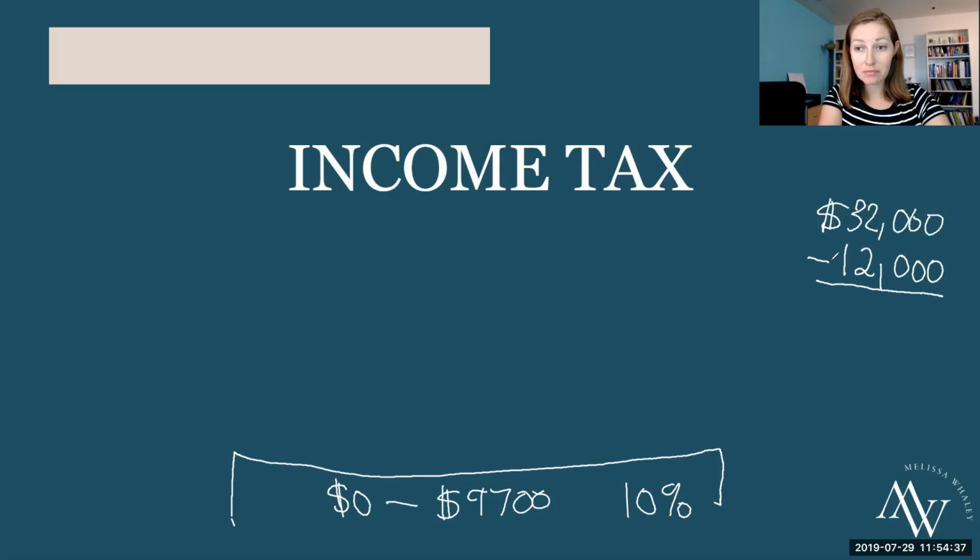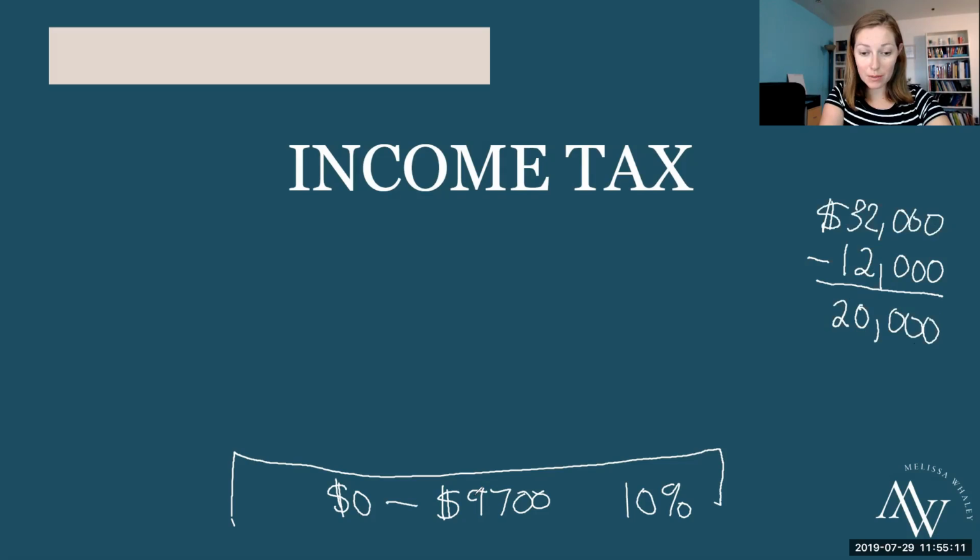So they're saying this part of your income is not taxable. So when we go to calculate what tax bracket you're in, we're not using this $32,000, we're using $20,000. So it's after this deduction. There are other deductions that could come into play, but I don't want to confuse or make things complicated, so we're just going to use that.